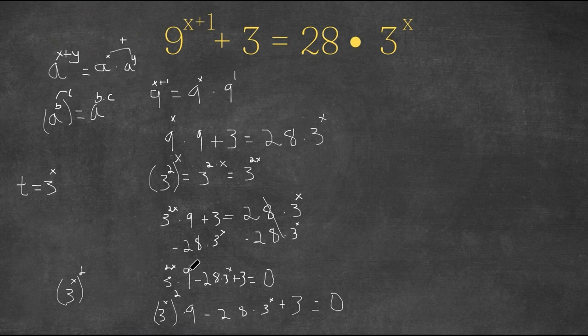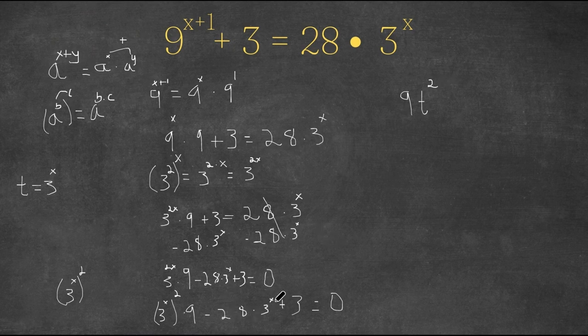Now we're going to replace all our 3 to the power of x's with t's. Our first thing is 3 to the power of x squared, which is going to be t squared. We have a 9 here, so this is going to be 9t squared. Then we have minus 28 times 3 to the power of x.